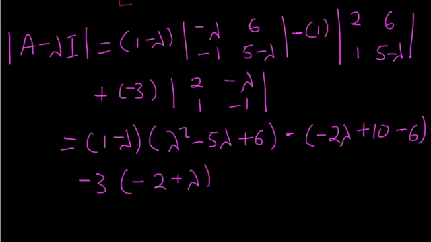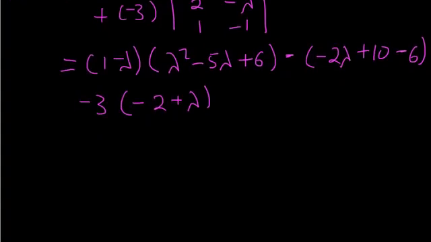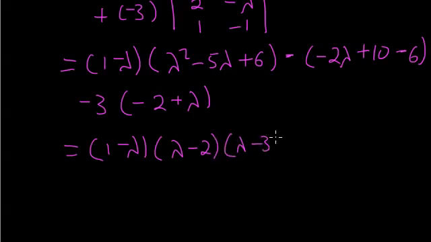So let's simplify this a little bit. This is 1 minus lambda. I can factor this to lambda minus 2 times lambda minus 3, and this here is equal to negative 4 minus 2 lambda, positive 4 minus 2 lambda.